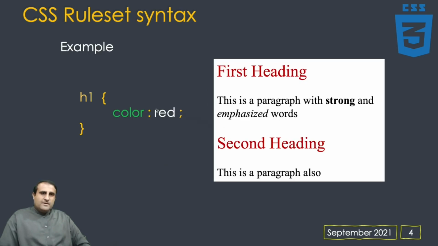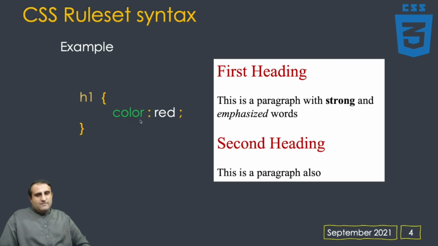So an example of a rule set is one where we have the selector as h1. What it means is that whichever style is present in the curly brackets will be applied to the headings, or the first level headings in the document. Here we have the property as color, and its value is red.